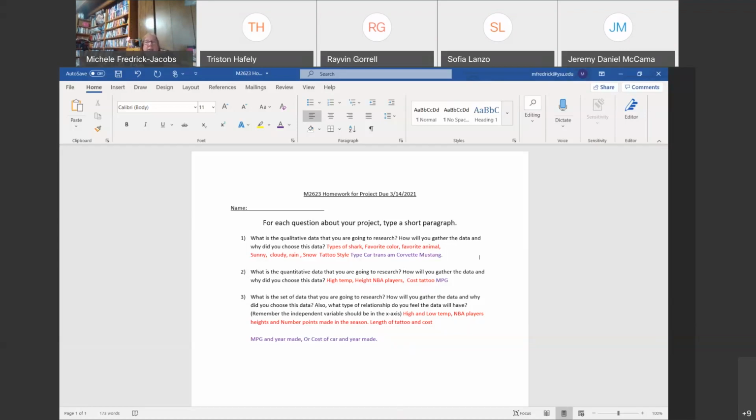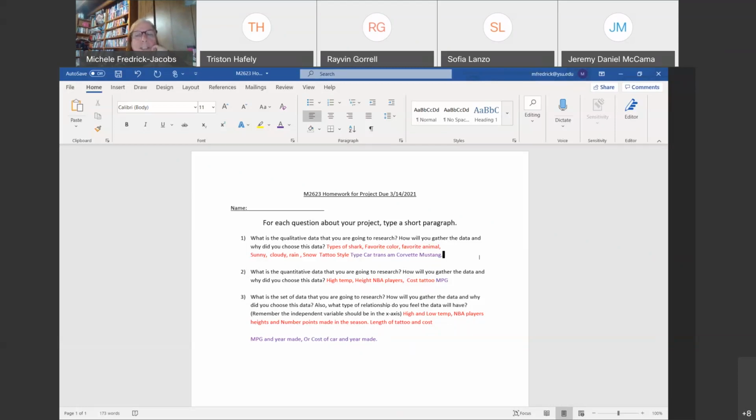But miles per gallon, if one is 15 miles per gallon and one is 26 miles per gallon, putting them in an order or finding the average makes sense. Any questions on that?